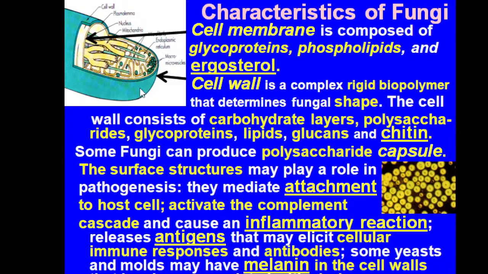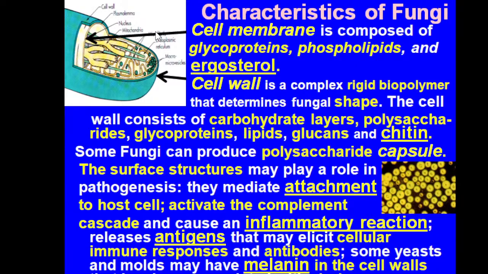Then, apart from the cell membrane and cell wall over the cell membrane, the fungal cell may be covered from outside with the polysaccharide capsule, and that is a property common also in bacteria. So, and then the surface structure of the fungi, the membrane and the cell wall and the capsule, may have a very important role in the pathogenesis of the fungal diseases.